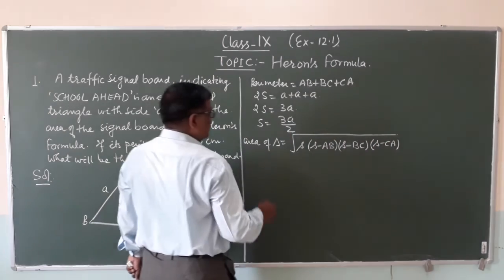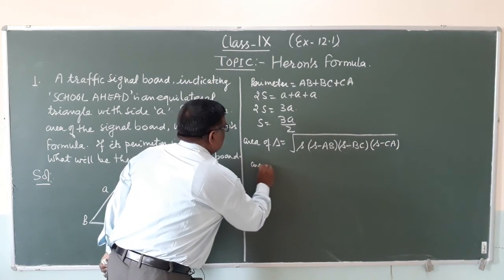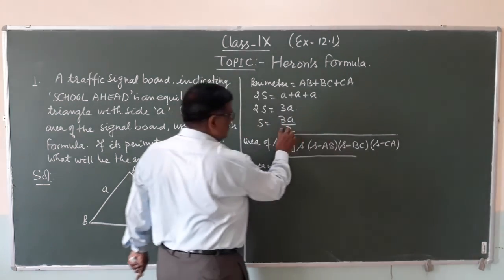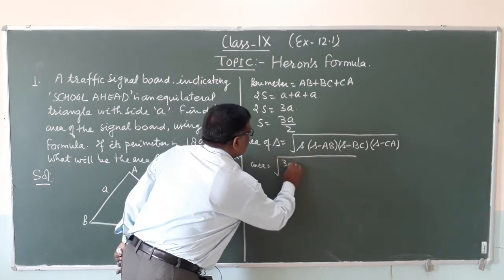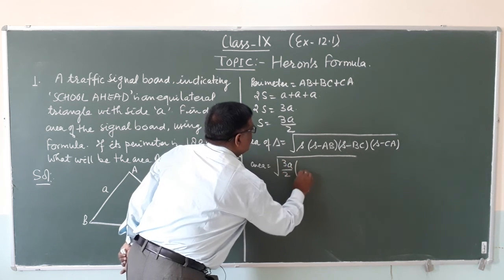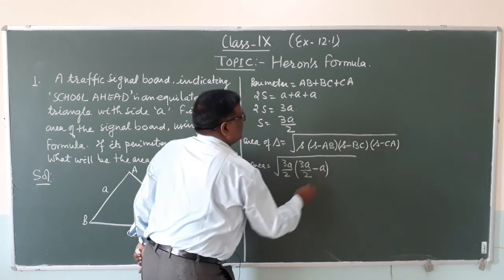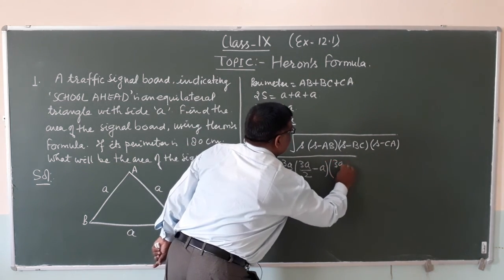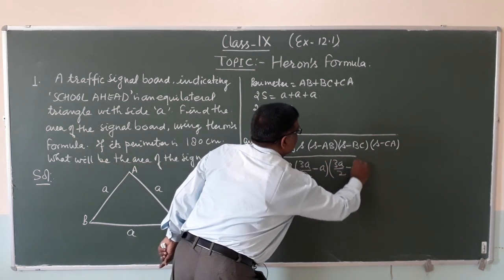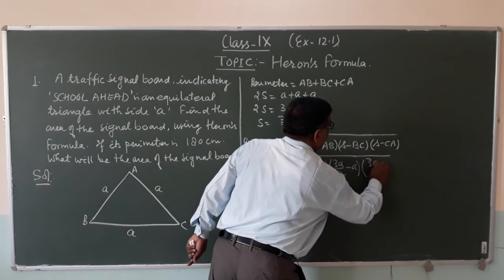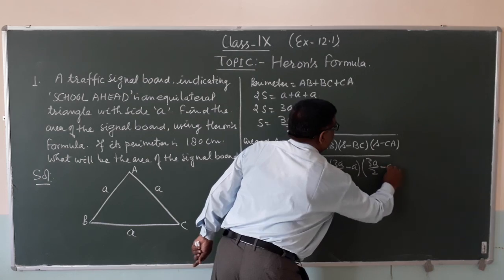So the area is equal to root of S into S minus A, where S is equal to 3A by 2. That gives 3A upon 2 into 3A by 2 minus A, again 3A upon 2 minus A, and again 3A upon 2 minus A.